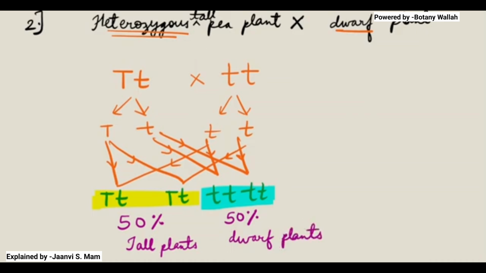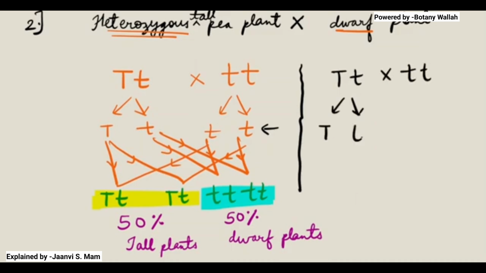Now I will show the second way you can do it. Suppose you are not separating these two gametes. Since these two are similar, you have taken only one. So I will write the same thing. Here I am taking two gametes, capital T and small t.